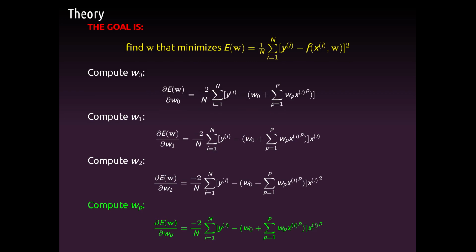And if you repeat the process for any polynomial degree, you will always reach the same result as the first derivative corresponding to w0, but always multiplied by x super i to the power of p, where p reflects the polynomial degree of the term whose corresponding coefficient w you are trying to find.